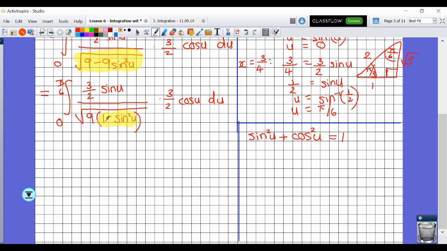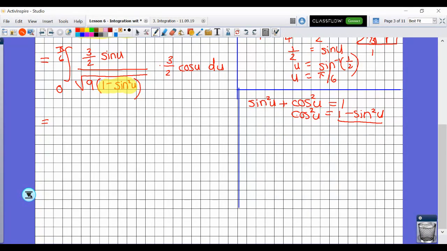Now what I'm trying to swap out is 1 minus sine squared u. So what I'm going to do is subtract sine squared on both sides. So that's going to give me cos squared u equals 1 minus sine squared u. So that bit there on the right hand side is what we've got in this bracket. So I'm going to swap it out for cos squared u, and you'll see why I've done that in a wee second.